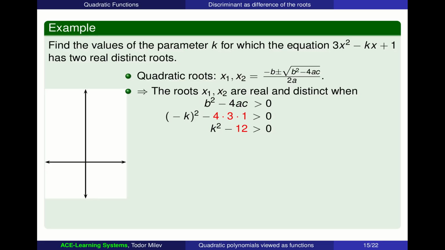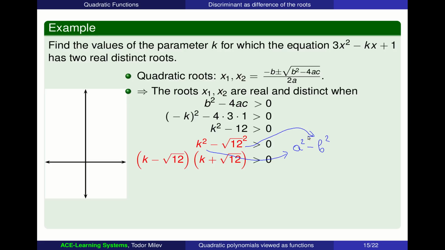That's a quadratic inequality. How do we solve that? Well, that quadratic inequality is solved by transforming 12 to radical of 12, the whole thing squared. So you get k squared minus radical of 12 squared. Now that is a difference of two squares, right? So we're having here a squared minus b squared, where k equals a and b equals radical of 12.